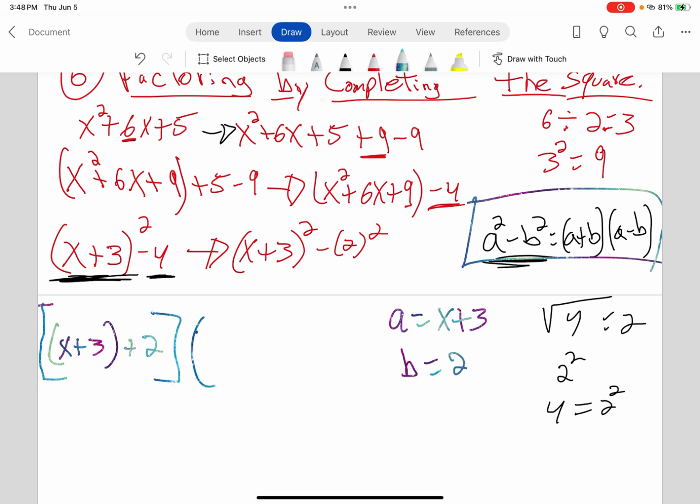Who is a? The same, x plus 3, this is my a, and then minus b, b is 2. So now the only thing is I need to combine those two things, and I will get the answer.